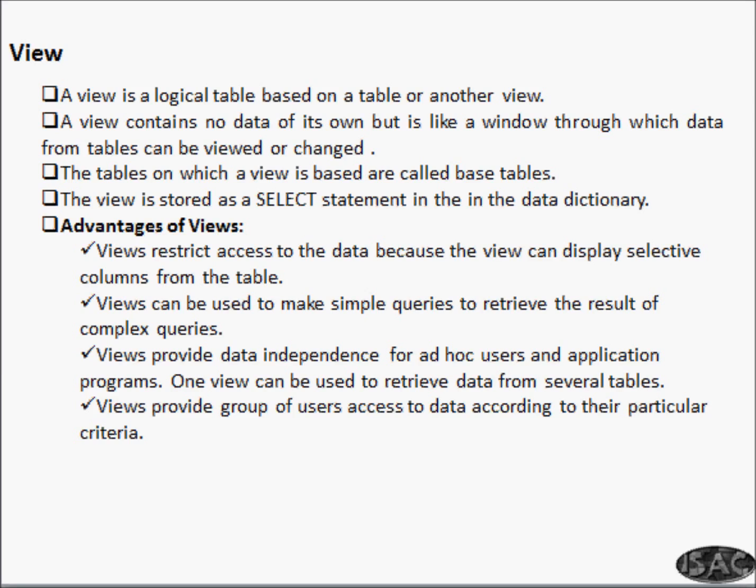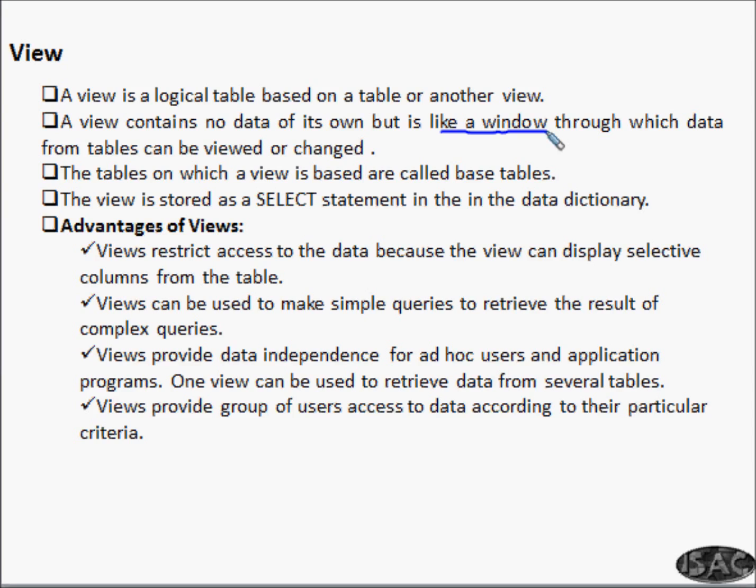So it works like a window through which you can view and modify the data of a table. The tables on which a view is based are called base tables, or underlying tables. The view is stored as a select statement in the data dictionary.